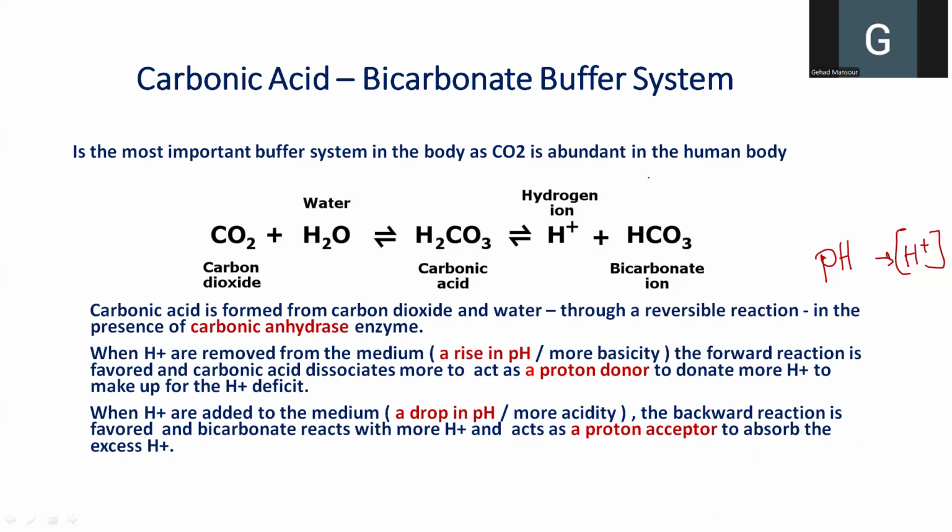So if you have a lot of hydrogen ions added to your blood, for example, when you eat a lot of dairy products like milk, yogurt, cheese, or if you eat a lot of meat, poultry, and fish, proteins in milk and proteins in meat will give you acidic organic acids that will release hydrogen ions.